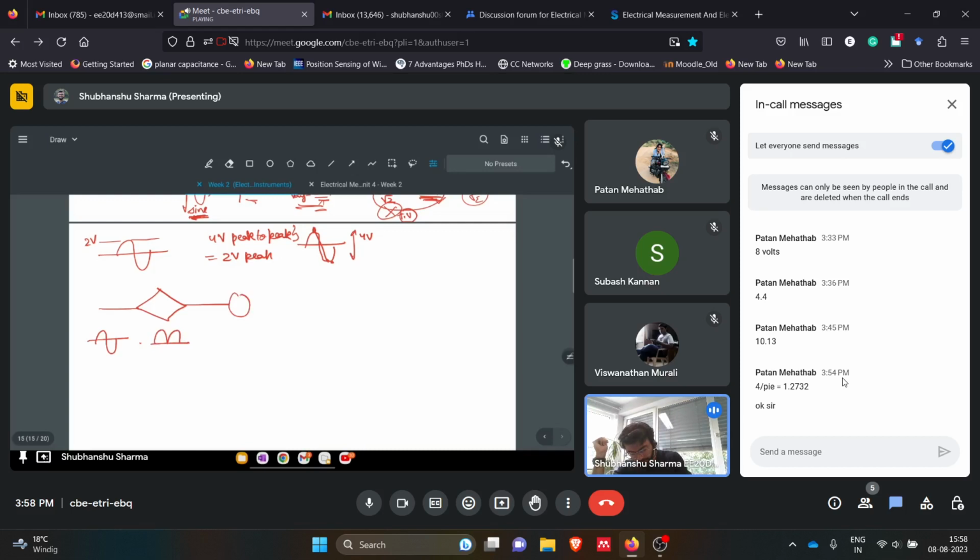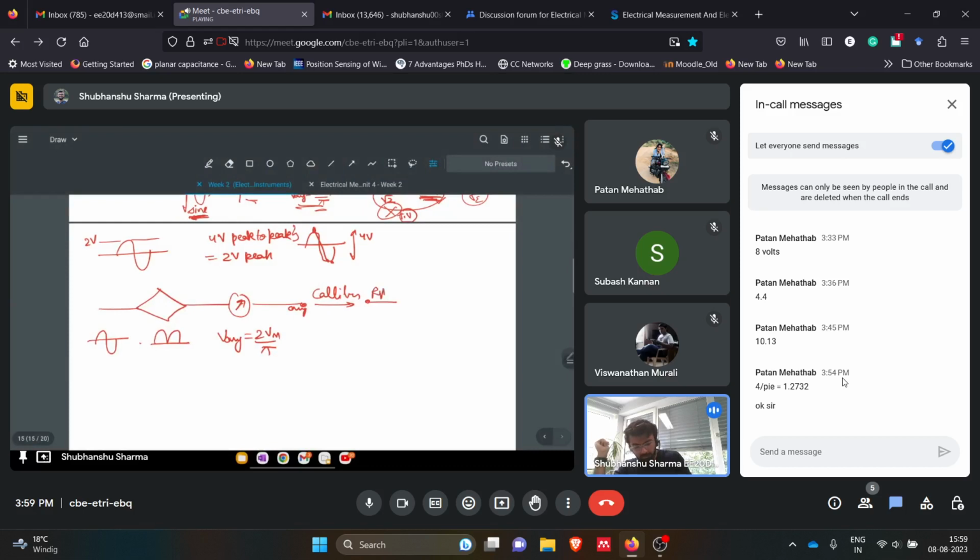Then we had a PMMC meter, so it calculated its average value, 2 Vm by pi. Till now it was okay. After this there was a calibration. This is the average. Calibration done, and then what happened?